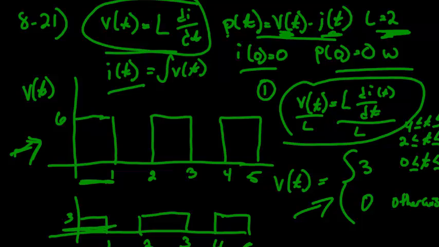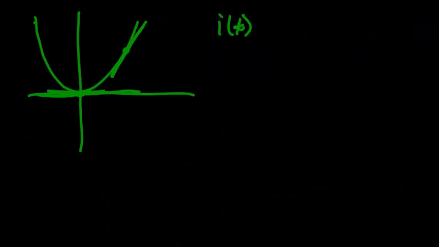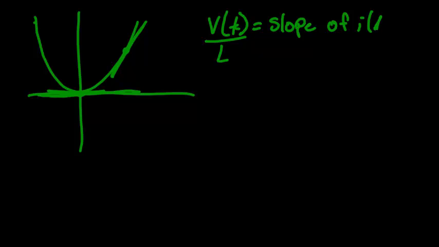Let me write that out. V of t, but we can derive it from the slope. So V of t over L is equal to the slope of I of t.